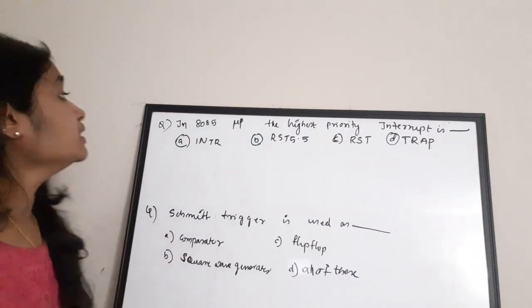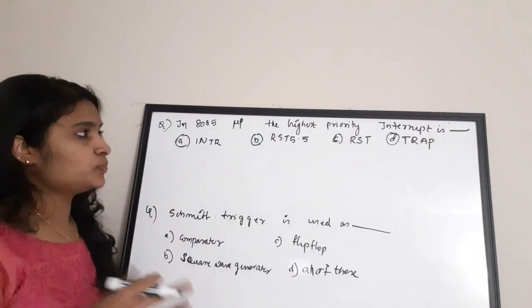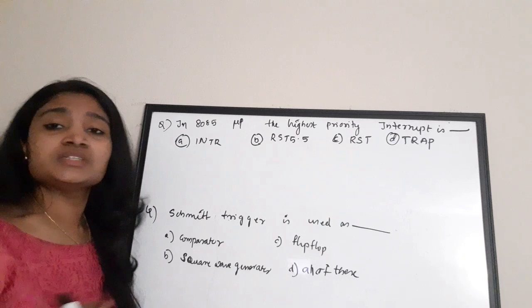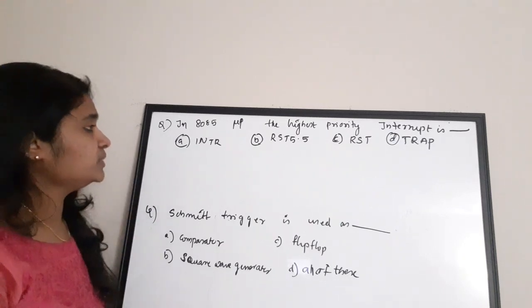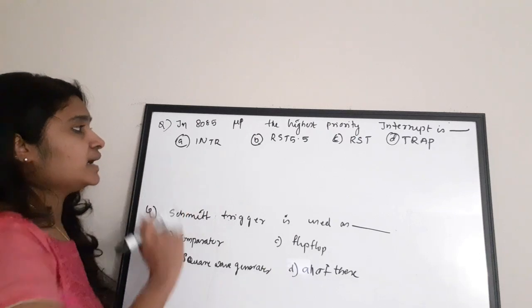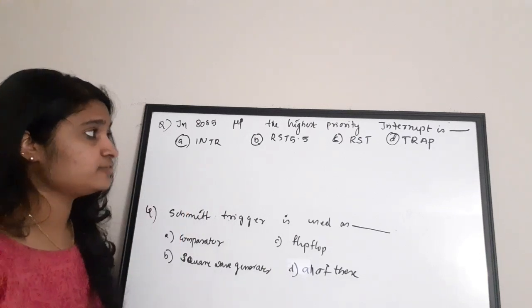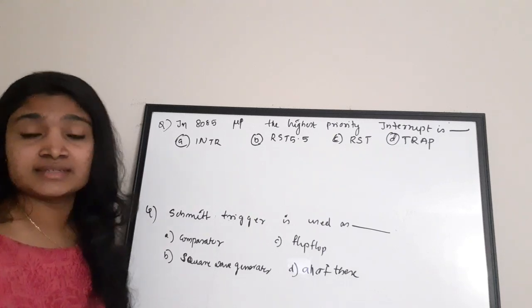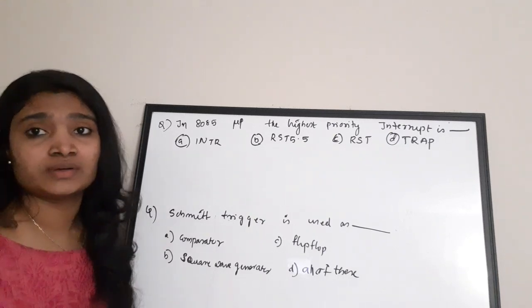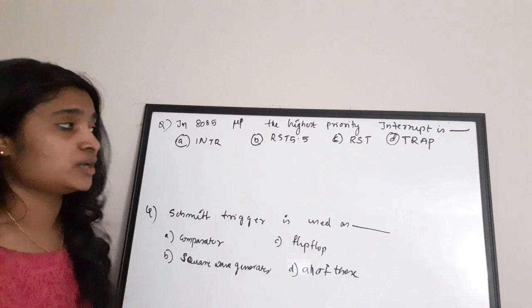Next question is, in 8085 microprocessor, the highest priority interrupt is dash. If you have done this in your BTech, then you will be familiar with this. Option A, INTR. Option B, RST 5.5. C, RST 6.5. D, trap. The correct answer is trap, the highest priority interrupt in the 8085 microprocessor.